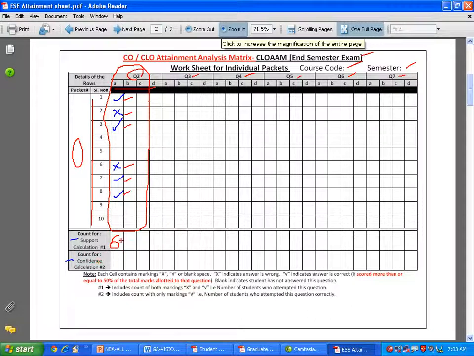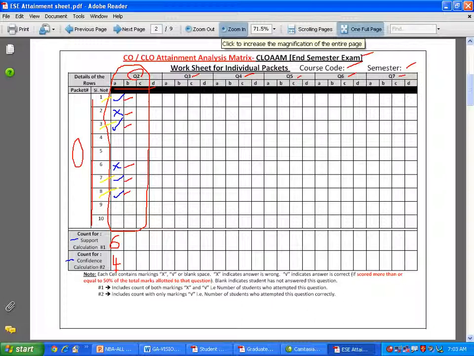Now in this example, out of 6, how many have correctly attempted? See here, 1, 2, 3, 4. So the number of students who have correctly attempted is 4. Like this, for every option you have to fill this.